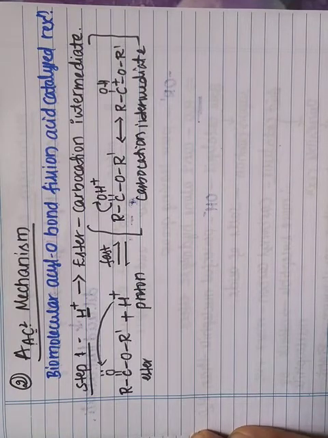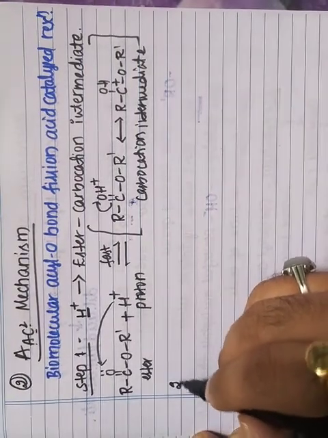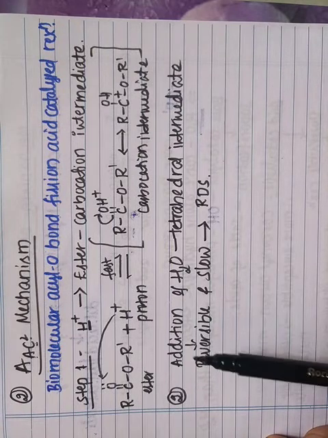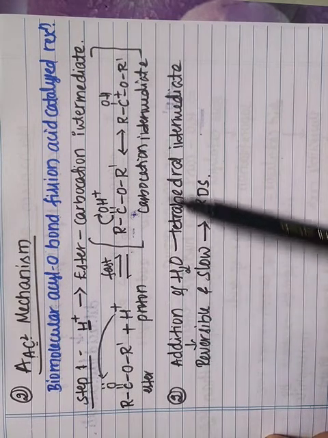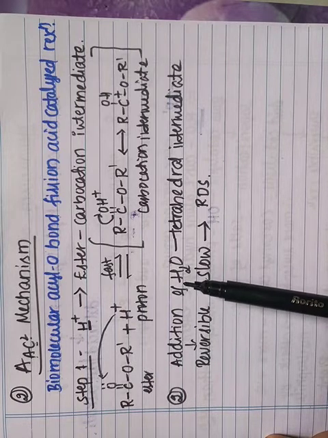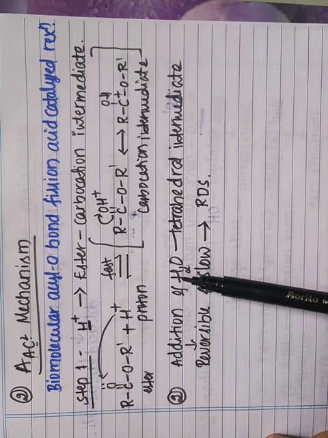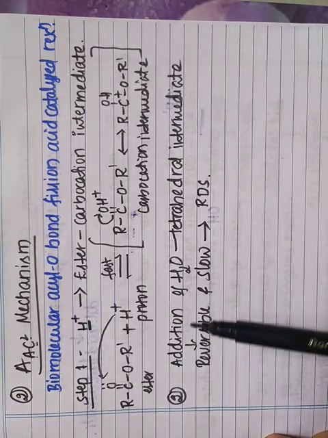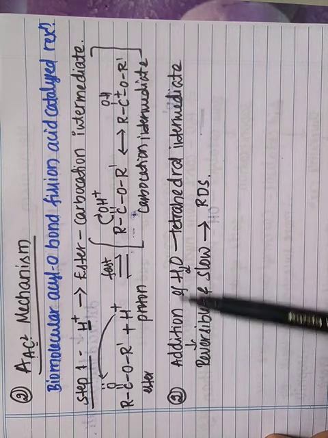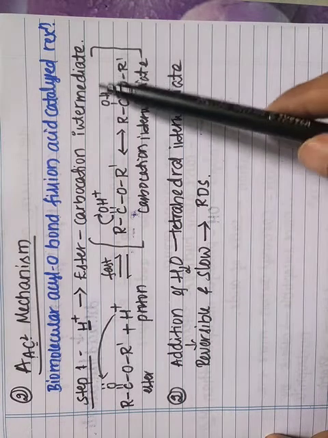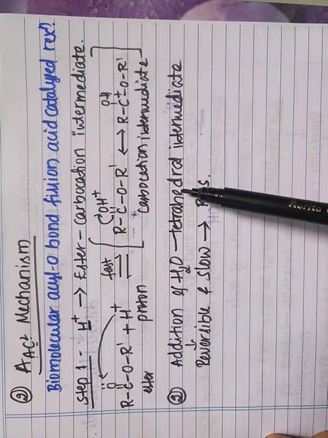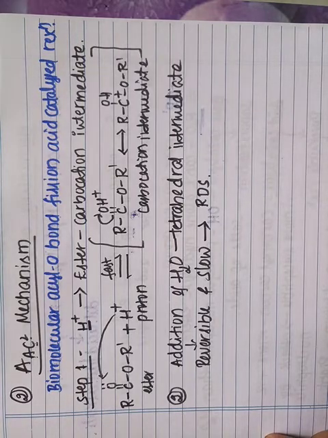Next, step 2. In the second step, water adds to the carbocation intermediate. The addition of water to the carbocation intermediate results in the formation of a tetrahedral intermediate.